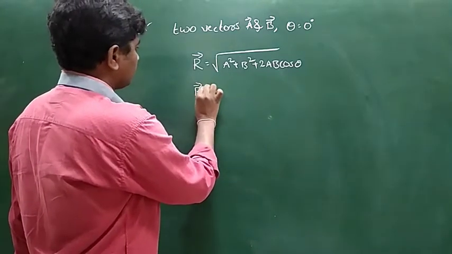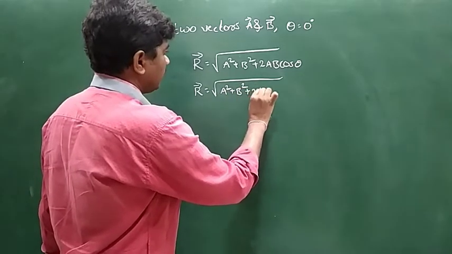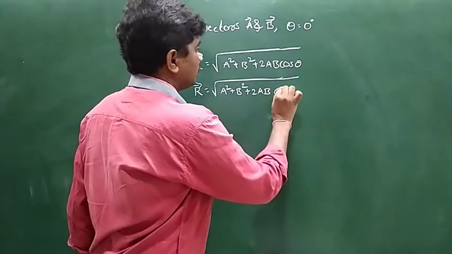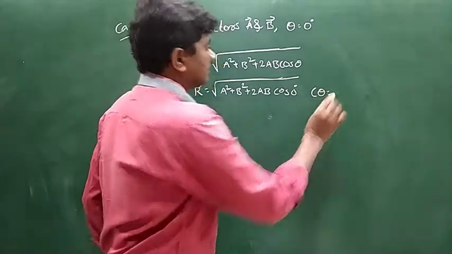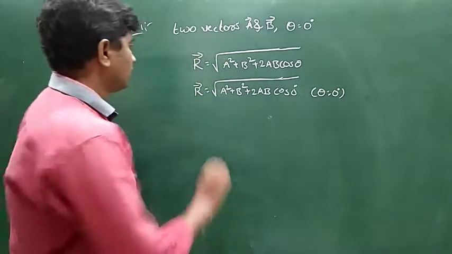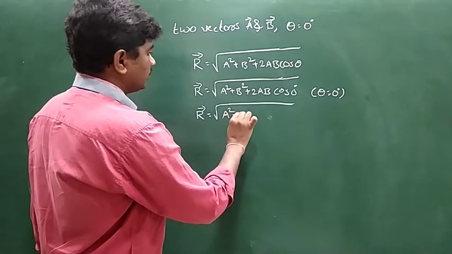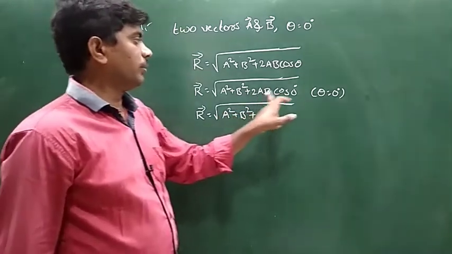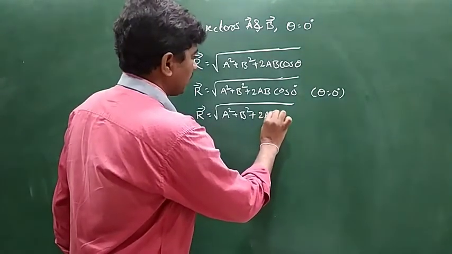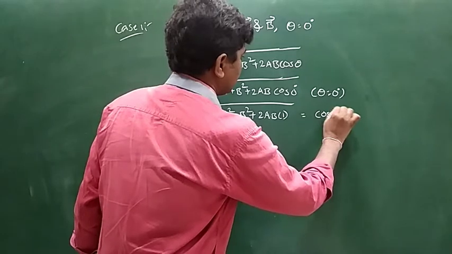Theta is equal to 0 degrees, so R bar is equal to under root of A square plus B square plus 2AB cos 0. Cos 0 degrees is equal to 1.